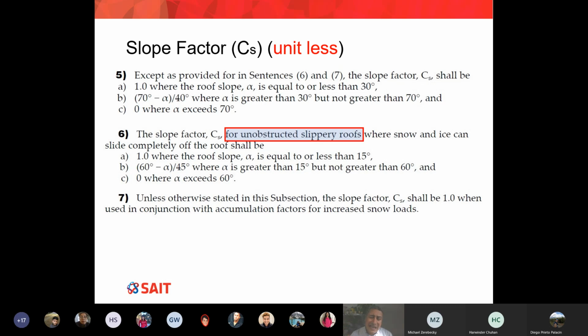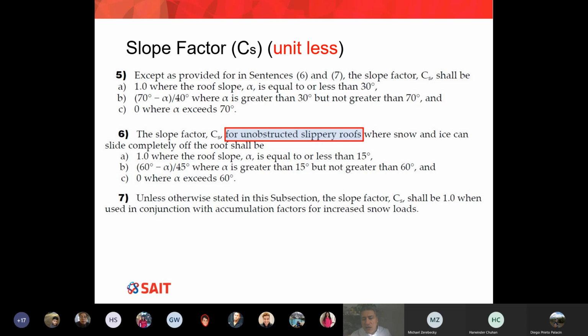So if this angle is less than or equal to 15 degrees, and remember this applies to slippery roofs, like an awning or maybe the Talisman, those are slippery, unobstructed, then C sub S is equal to 1. It means no reduction. It means all the snow will stay, nothing will go.